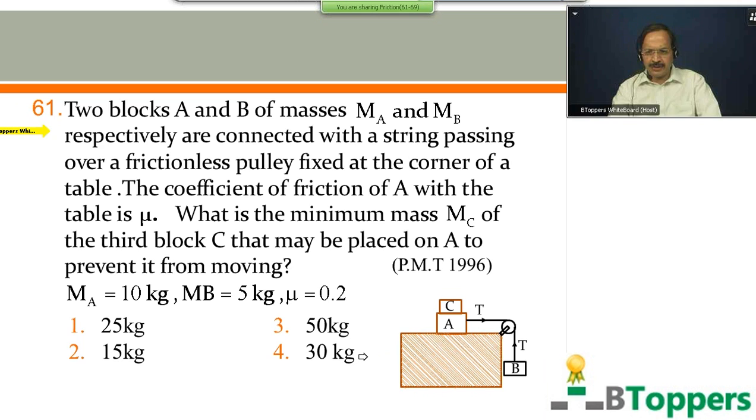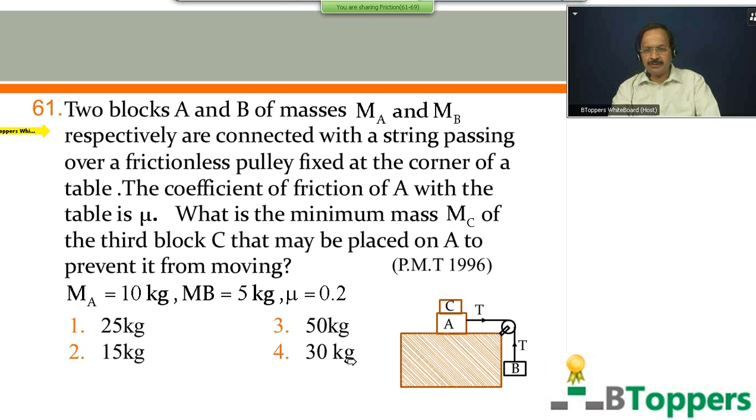You are given the options on the screen. You can take a pause and take your own time to try the problem.